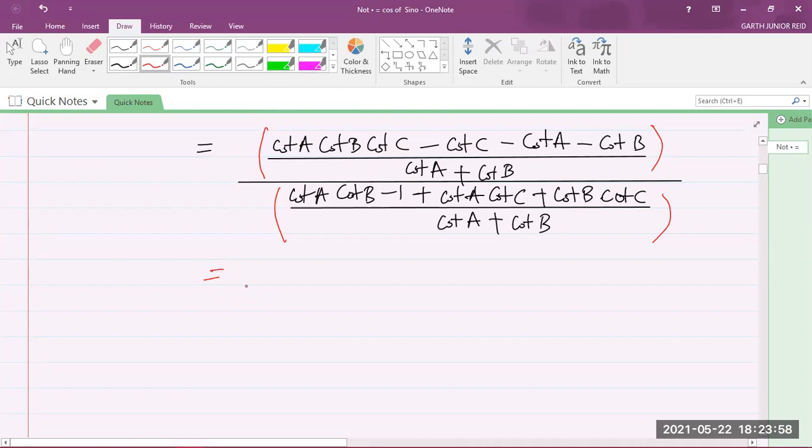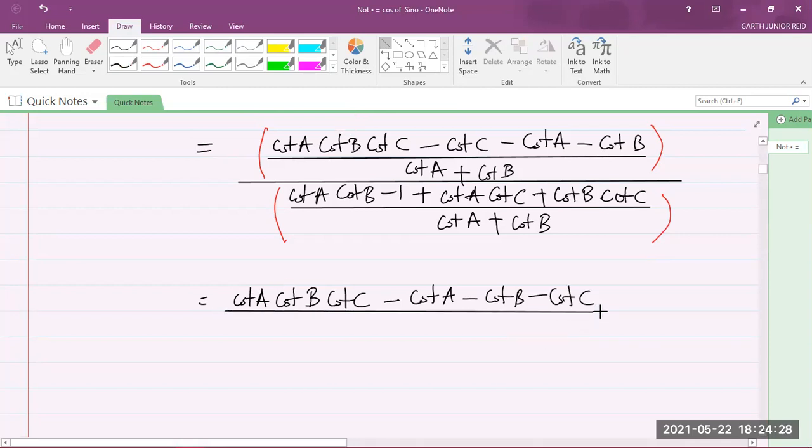So what I will now get is cot A cot B cot C, minus cot A. I'm just going to put the minus cot A first, then the minus cot B second, and the minus cot C last. So we're not changing anything, just rearranging the terms there.